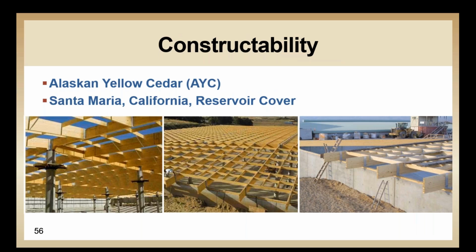I'd like to point out an interesting case study involving the use of Alaska yellow cedar as the cover for the Santa Maria Water Reservoir in Santa Maria, California. When the city of Santa Maria added a new 7 million gallon reservoir in 2001, a roof cover was needed. Their existing reservoirs were covered with open web trusses with treated lumber. It was decided at this time that, considering current environmental constraints, this was no longer viable for applications over drinking water.